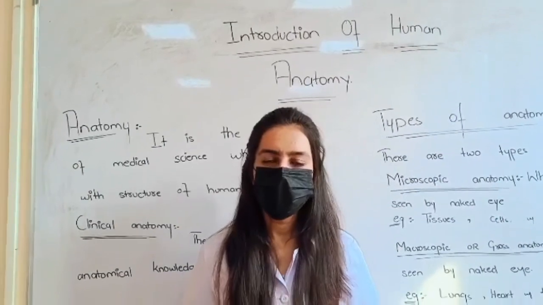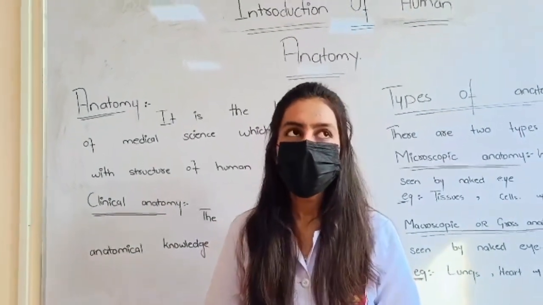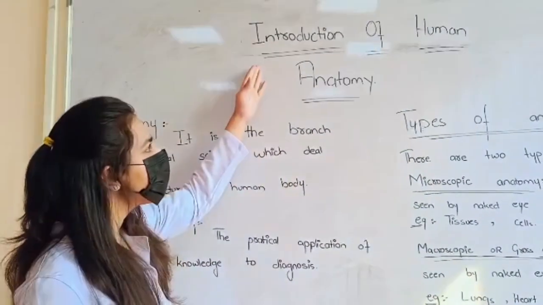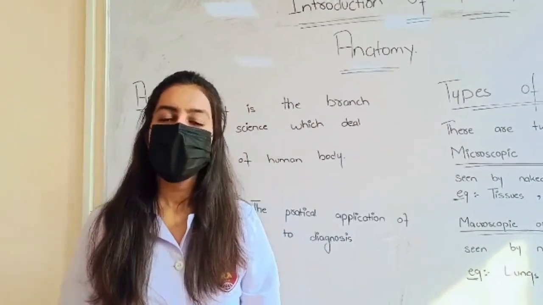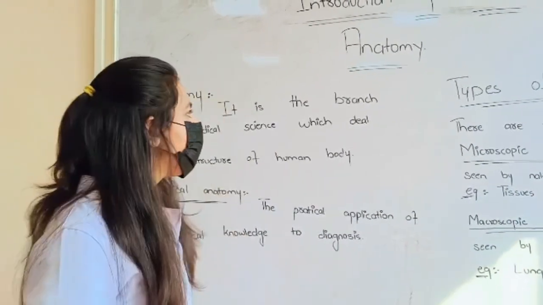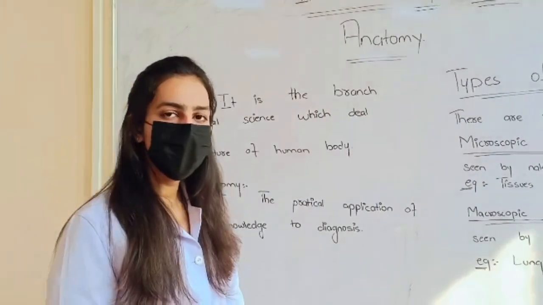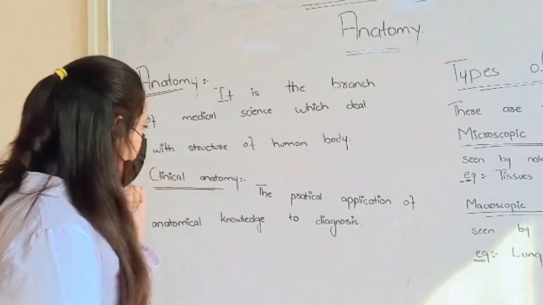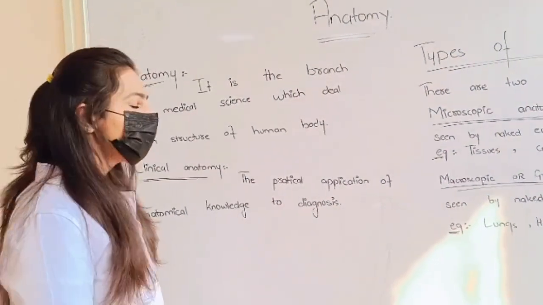My name is Khatija Parvez. I am a first year student of Group 1B. Today our topic is Introduction of Human Anatomy. First of all, we have to discuss the definition of anatomy. It is the branch of medical science which deals with the structure of the human body. Now, clinical anatomy is the practical application of anatomical knowledge to diagnosis.